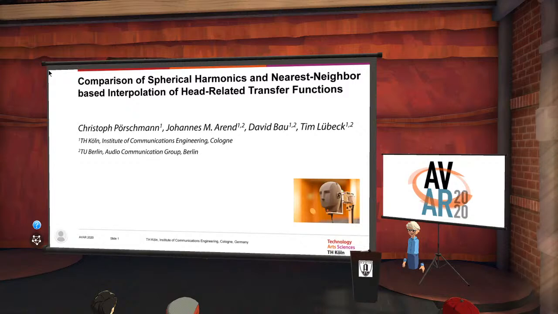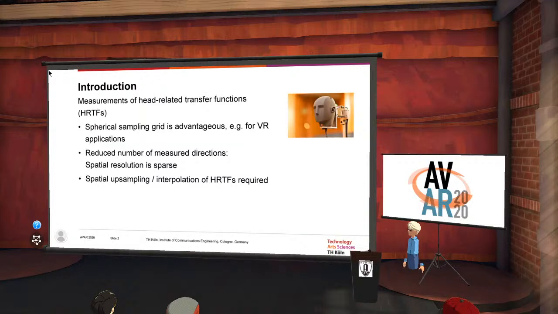Okay, so it's about interpolation of HRTFs, and as I already said, it's not really a new topic. You will see in a minute that many of the studies I relate to are from the 90s and the beginning of the 2000s. I do not have to describe that measurements of HRTFs are important if you're talking about headphone-based VAEs.